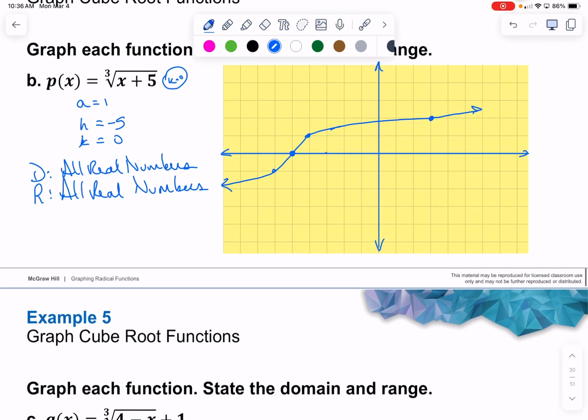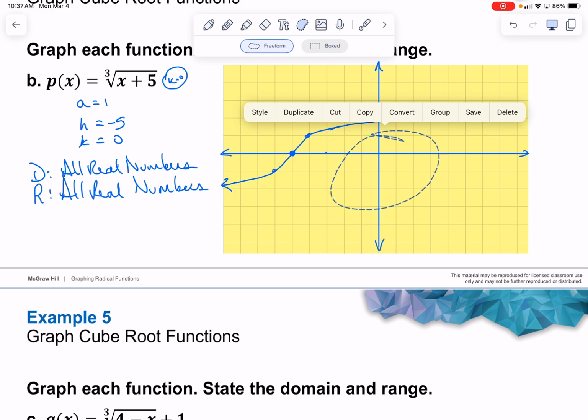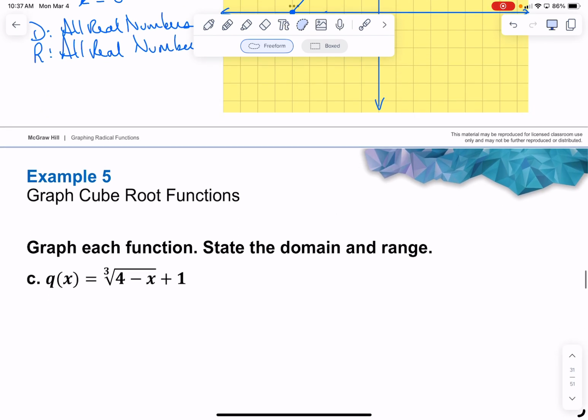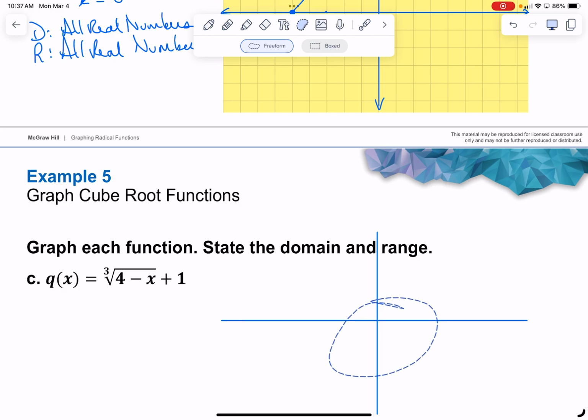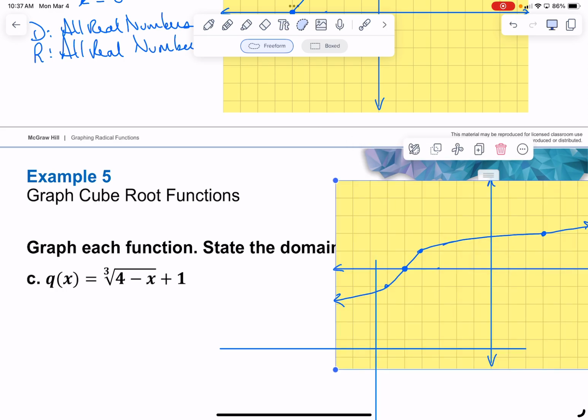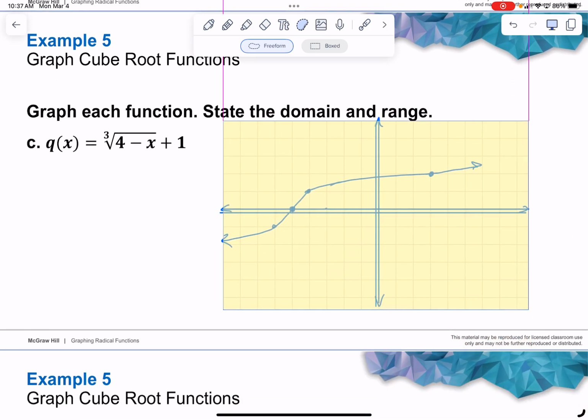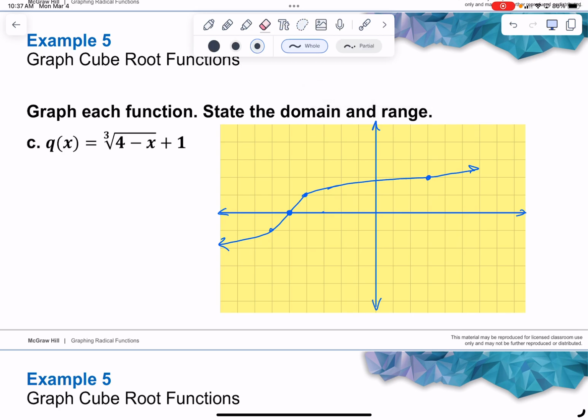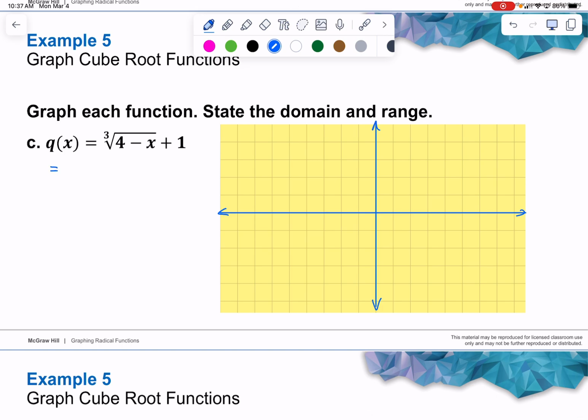This next one, I'm going to just erase this. Okay. This one is kind of weird because these two terms are backwards of each other, right?